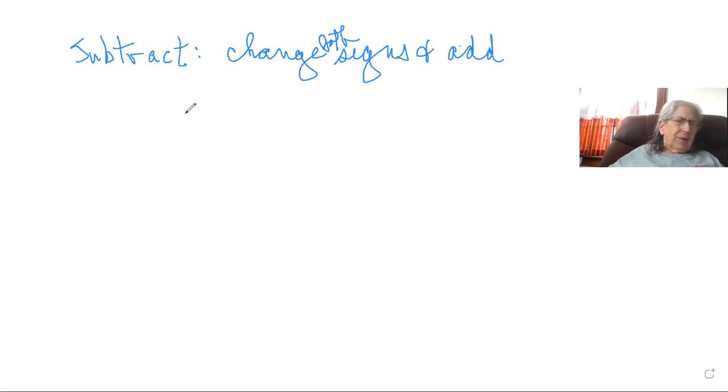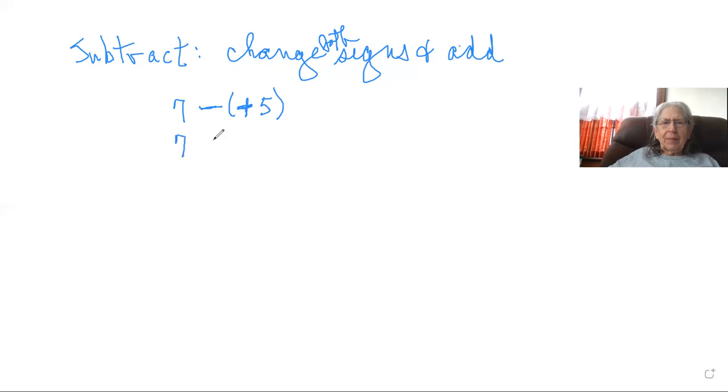So we've got, for instance, if we have 7 minus a plus 5. First off, you already know how to do that. That's 7 minus 5 is 2. Let me show you what I mean by changing the signs and adding, just so you can see what we're doing. This minus and that plus, it doesn't matter which order they come in.